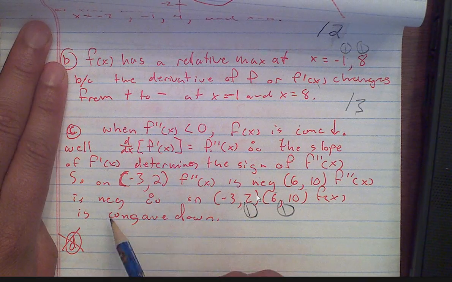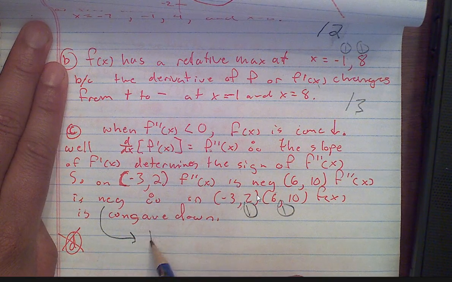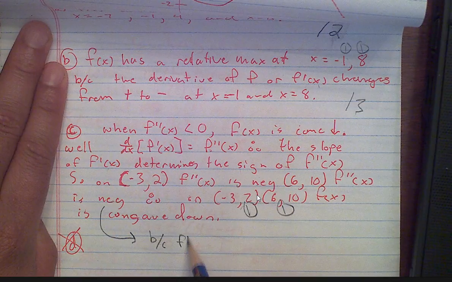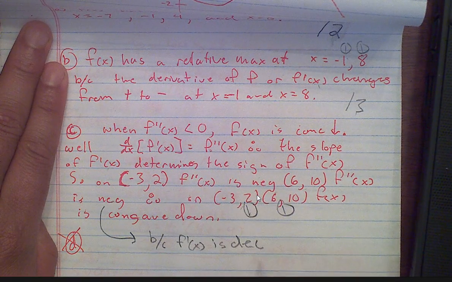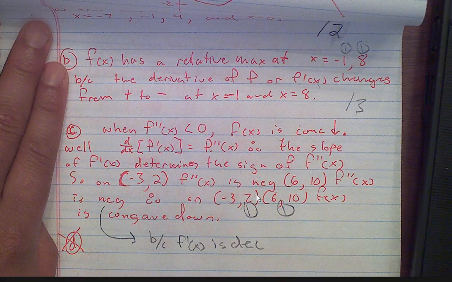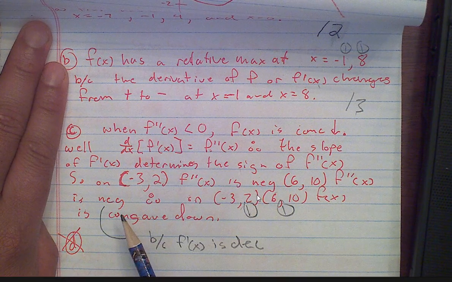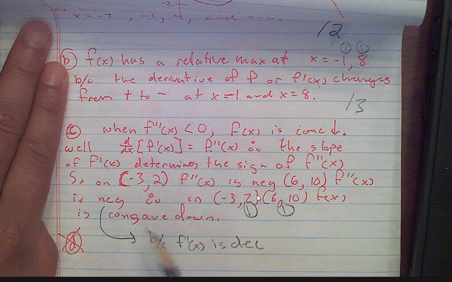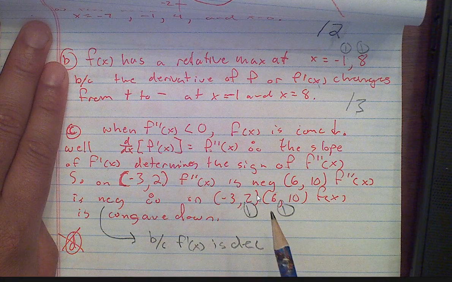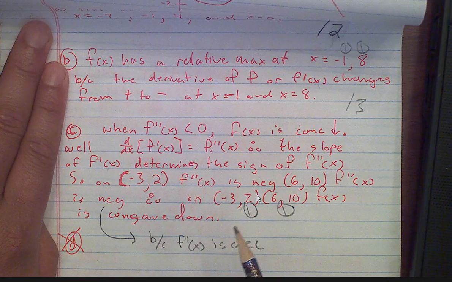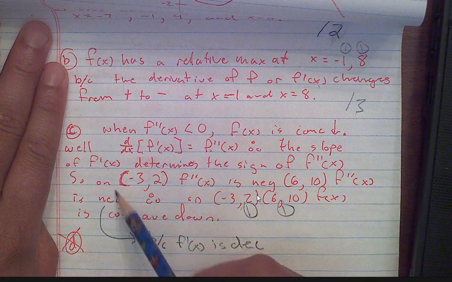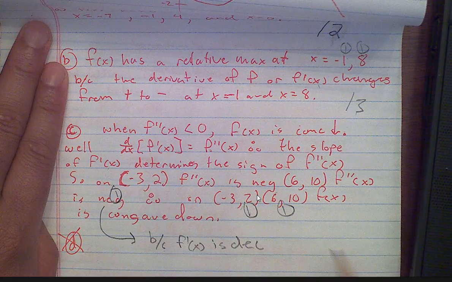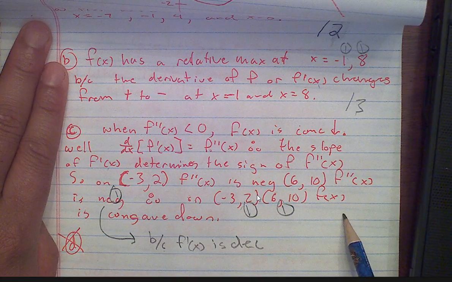Really, you have to say because f prime of x is decreasing. Well, I'm not really sure that you have to say that, but you have to explain why you think the double derivative is negative. I'll leave that up to you to decide. Let's just say that if you said the double derivative was negative, you get a point. If you did that, even better. So that's out of 3.